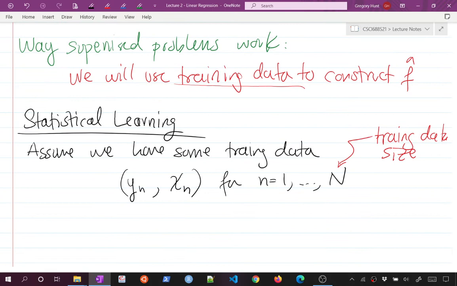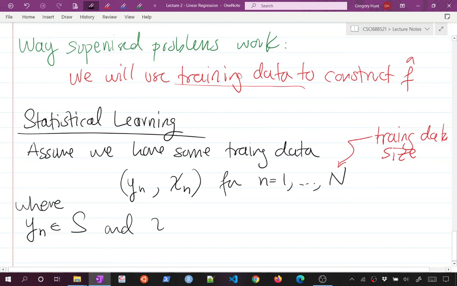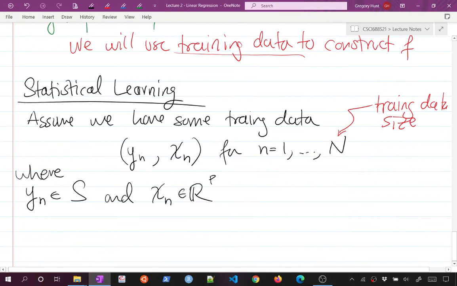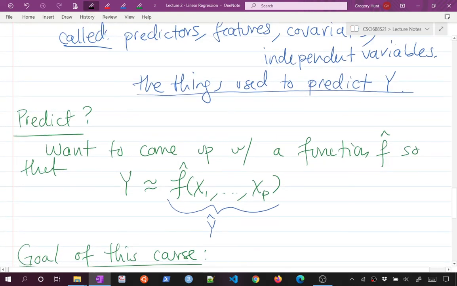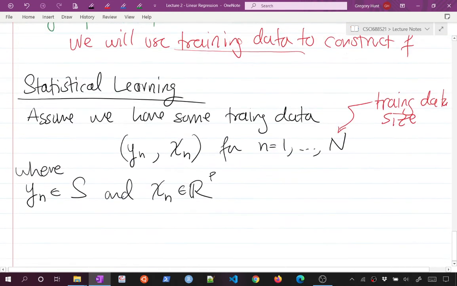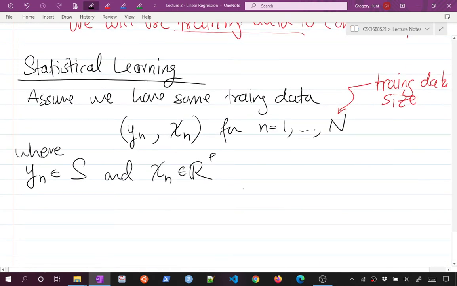Our training data consists of pairs, yn, which is in some set, let's just call it S, and xn's, which are basically vectors of our covariates. So they're going to be in some p-dimensional space, right? What we said is that we have p covariates, x1 to xp. And so our xn's are numbers in R^p.